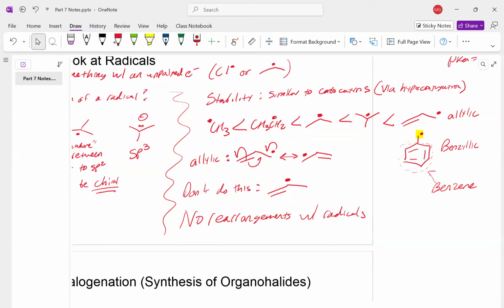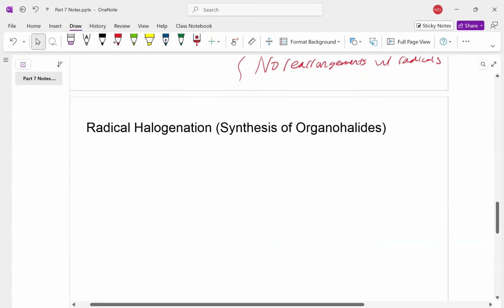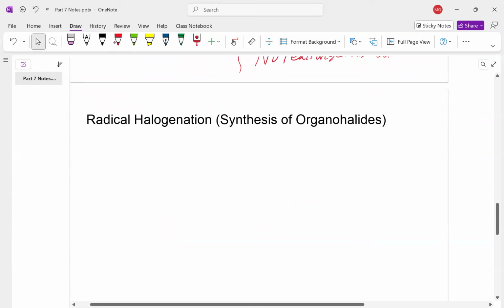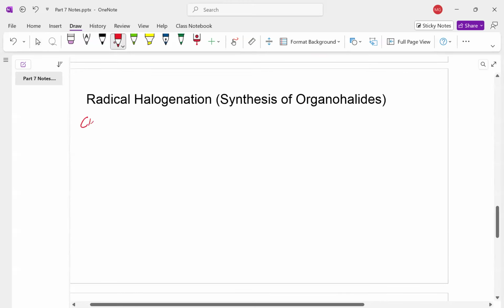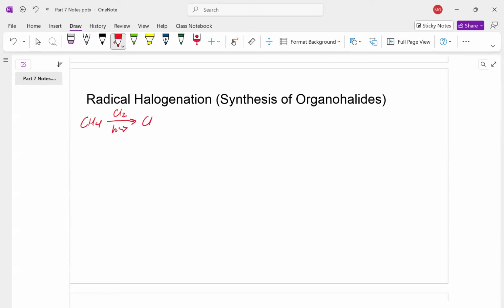All right, so let's talk a little bit about the reactions of radicals and organohalides. So I highlighted this in an earlier unit, but we looked at a reaction where we took methane and reacted it with chlorine and light, and that replaced a hydrogen with a chlorine. And then we looked at the mechanism for that.